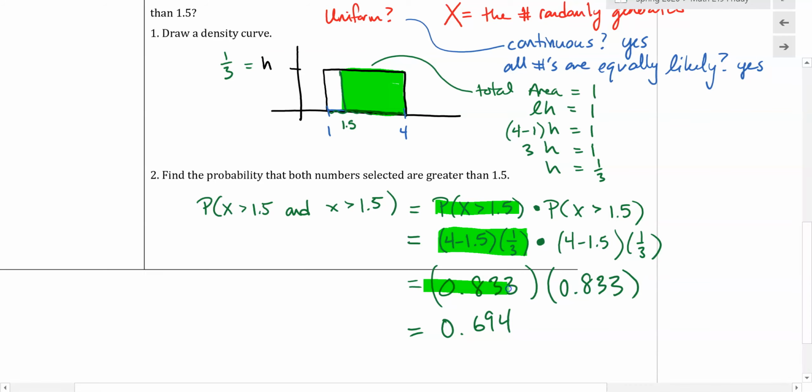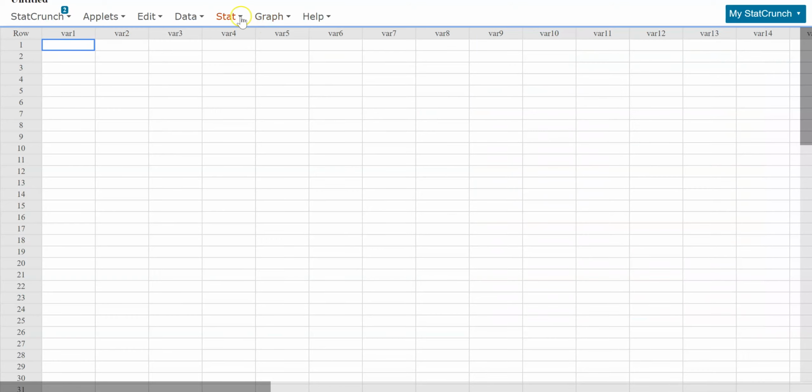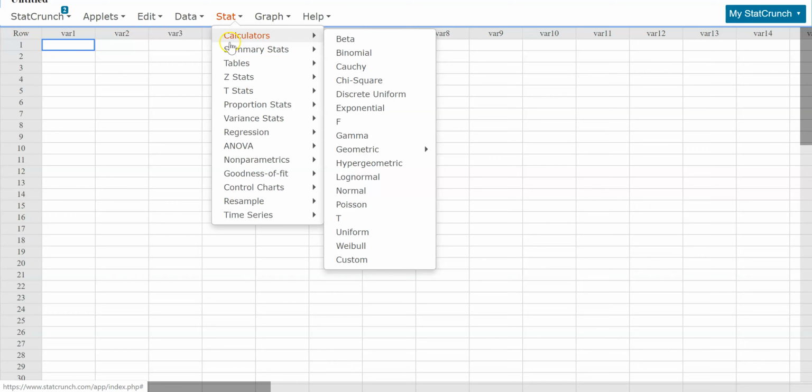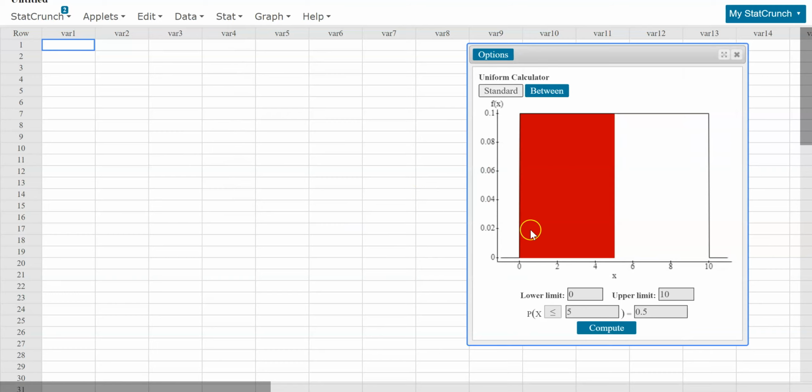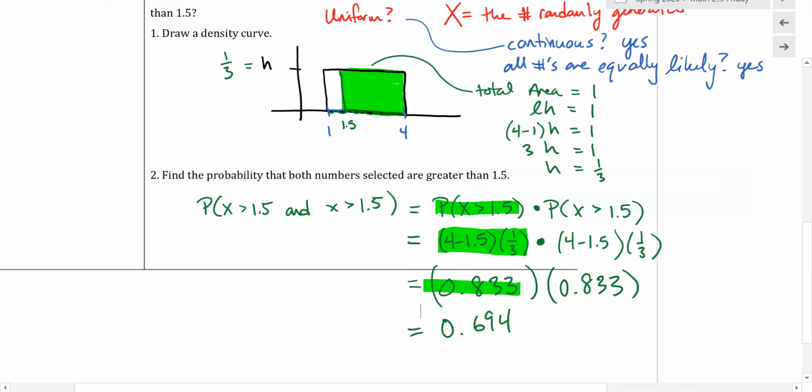We should be seeing this for our answer if we do one of these rectangles. So I'll just run through the steps again. You would go to Stat, Calculator, and we are working with a uniform distribution. The lower limit, the lower number that could be generated by this computer program is 1. The upper limit is 4, if I recall right. It creates a number between 1 and 4.